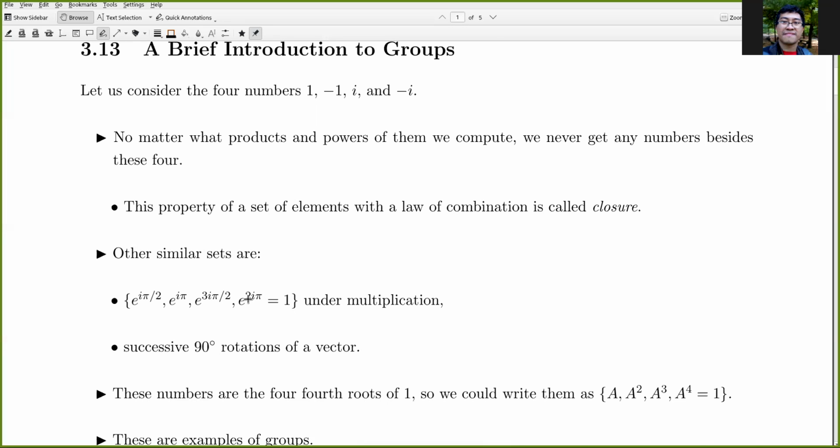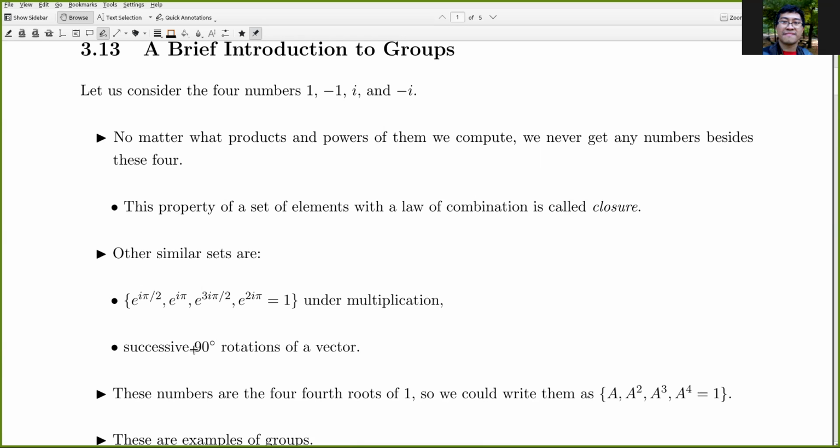But in the complex plane, if the angle is greater than 2 pi, it goes back and starts from 0 again, and then we count the angle from the x-axis or the horizontal axis. So it just goes back to, say, i pi over 2.